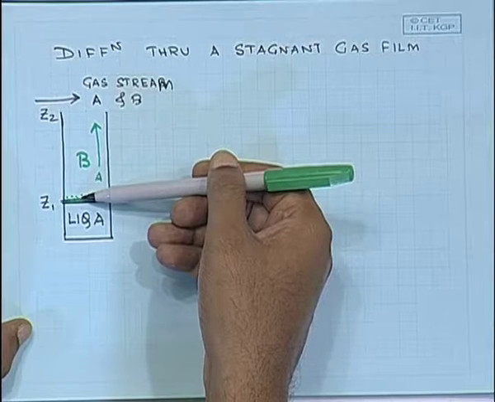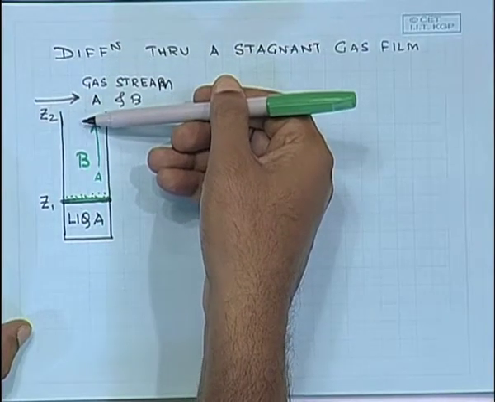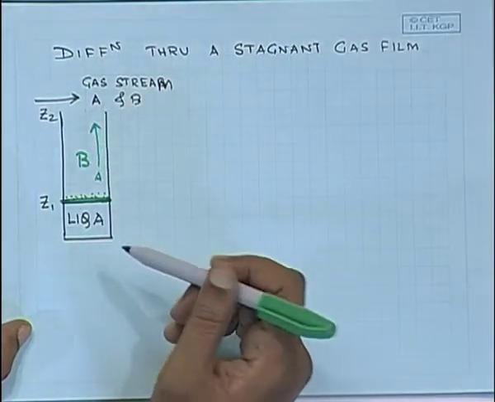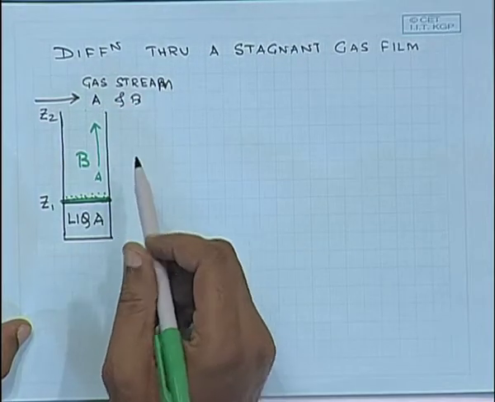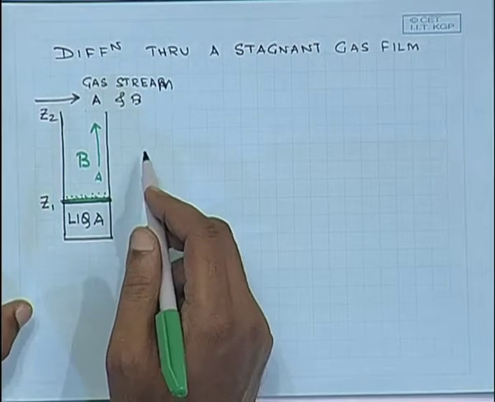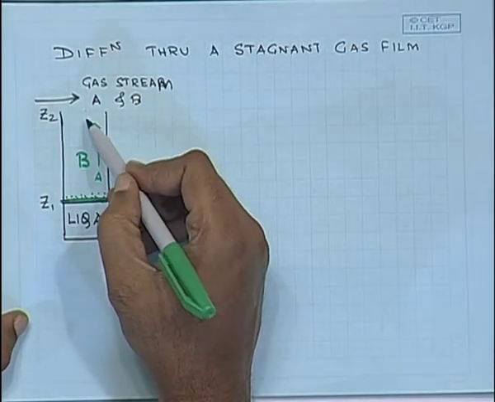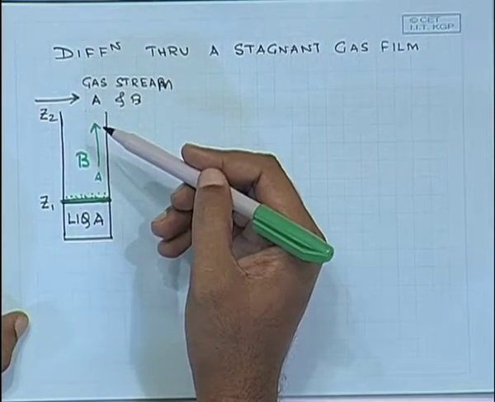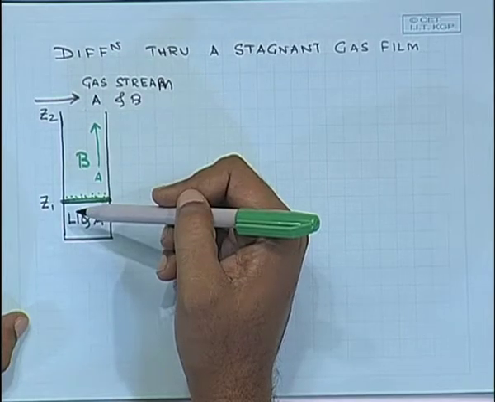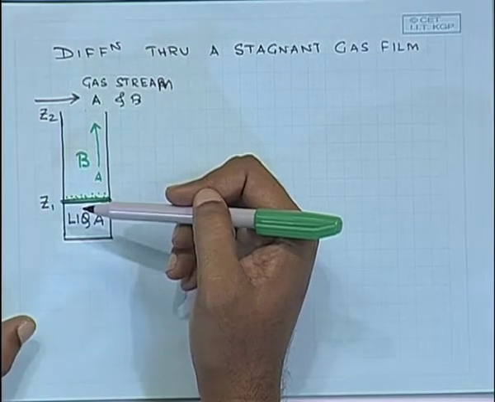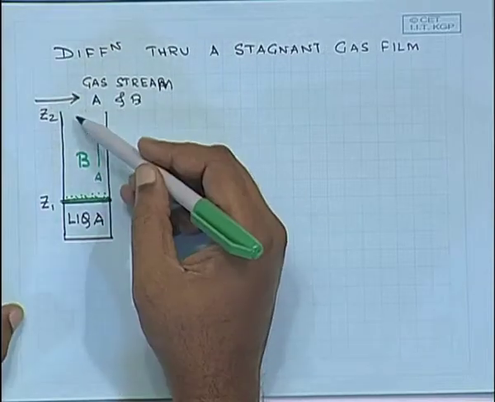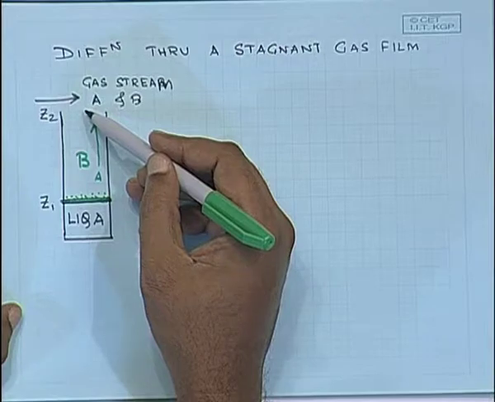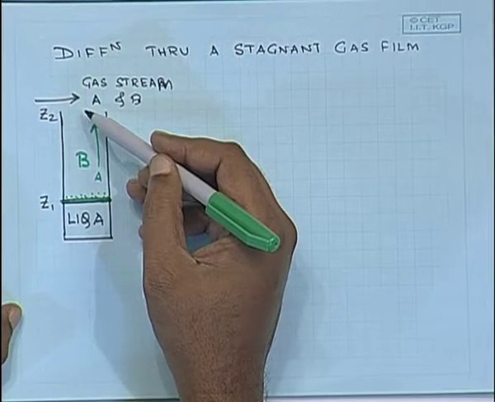So, a large number of A molecules will move in this direction, and they will drag or push out B molecules from this side. So, slowly a concentration gradient in B will start to develop, and as the concentration gradient in B develops, which side is going to be more concentrated in B, top or bottom? Top. So, if more concentration of B is at the top, which way is the diffusive flux going for B?